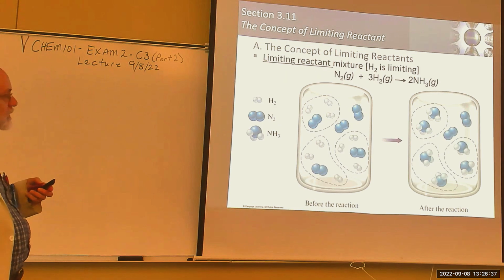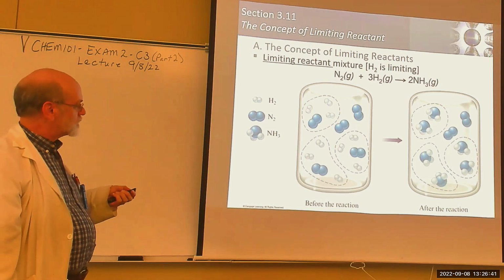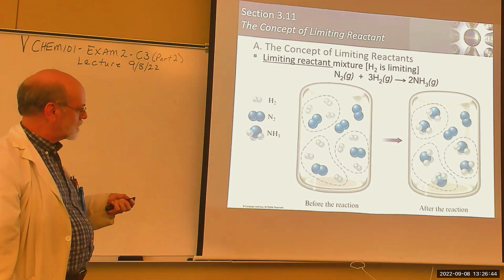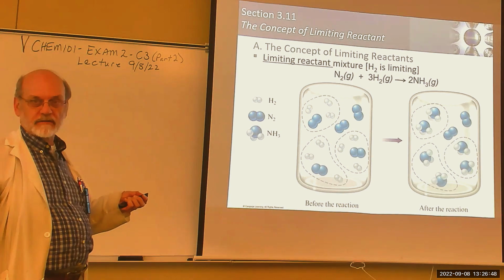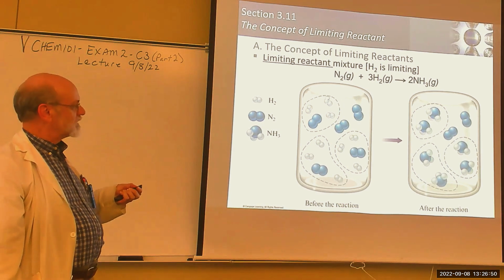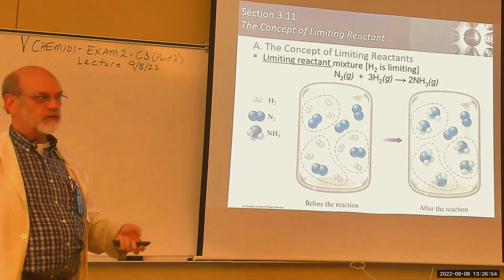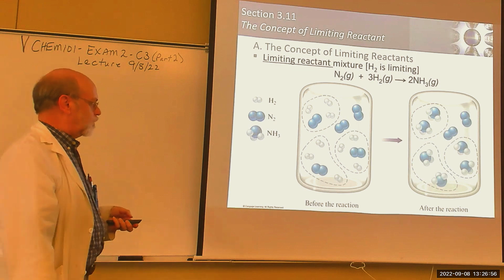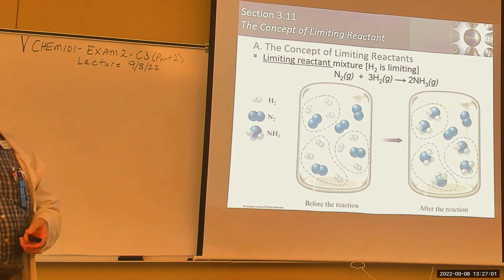This is an idea where the limiting reactant in this case is hydrogen. Notice that hydrogen has paired up here, here, and here, but there's not enough of these guys. Their dance cards are empty. That means hydrogen is limiting. It runs out, and you've got nitrogen left over. And you will have nitrogen left over in the products.